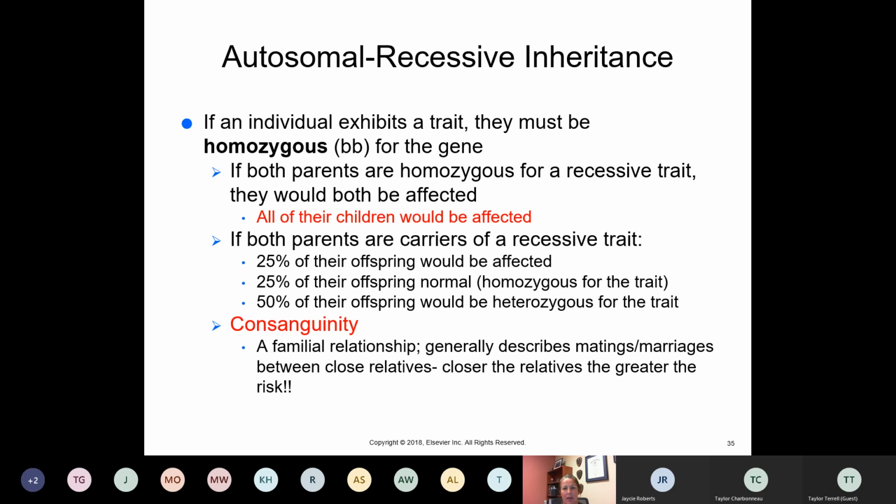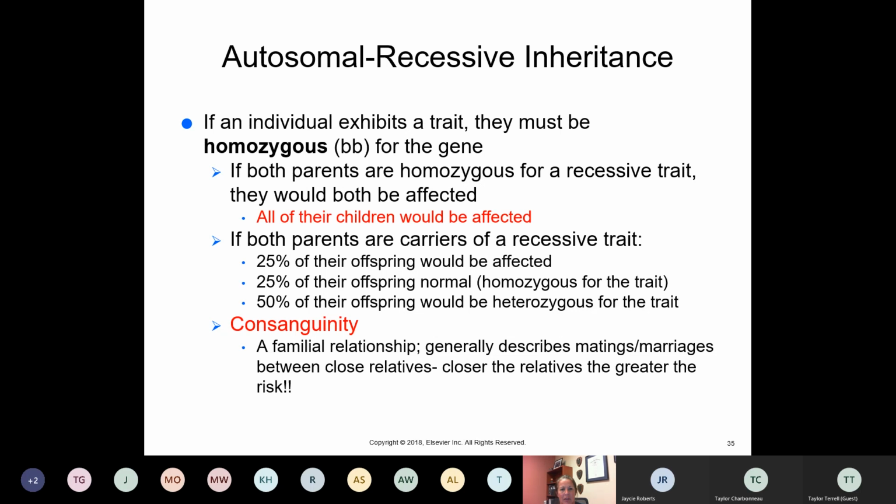So if I have blue eyes and my husband has blue eyes, our kids are going to have blue eyes because we've all got little b's. If both parents are carriers of a recessive trait, say I have a big B, little b, and my husband has a big B, little b, if you did that cross, that Punnett square where you line them up and figure it out, 25% of our offspring would be affected. 25% of our offspring would be normal, homozygous for the dominant trait, and 50% of their offspring would be heterozygous for the trait.